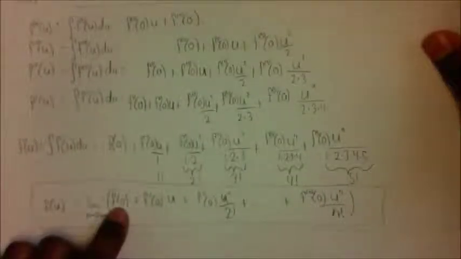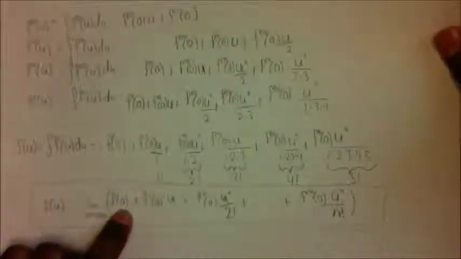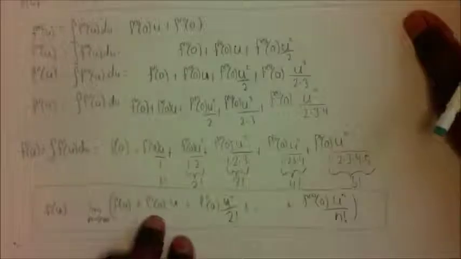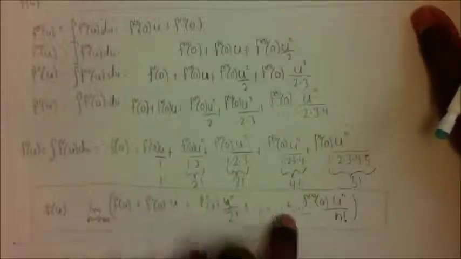In this case, e to the u is equal to f of 0, which is e to the 0 equals 1, plus, well, those are all going to be 1.